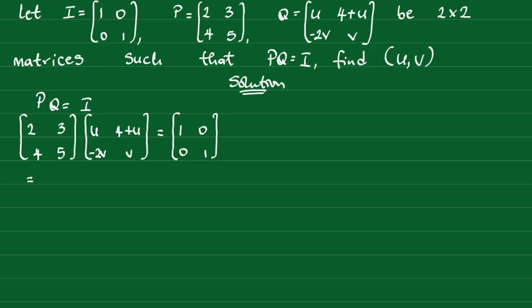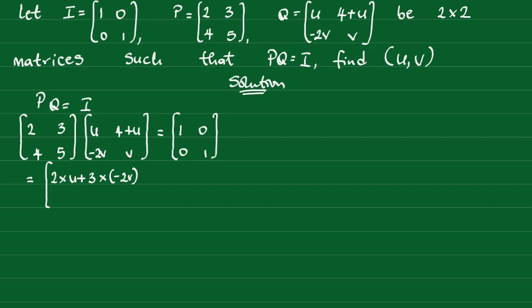So we have this to be equal to the following. As we stated earlier, we multiply row by column. So we have 2 times U plus 3 times (minus 2V).